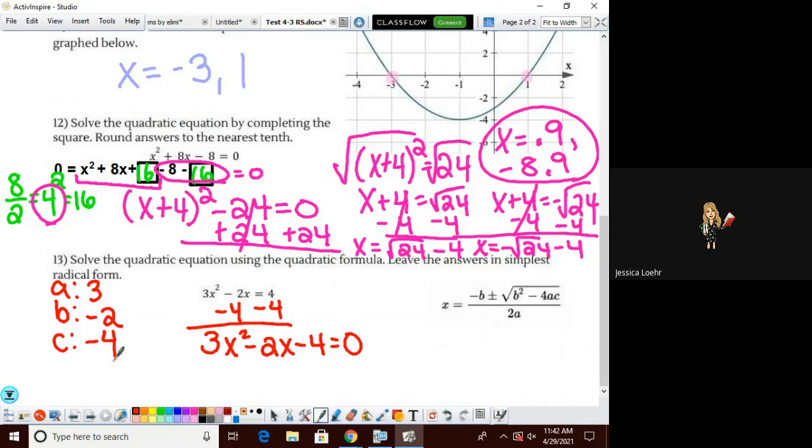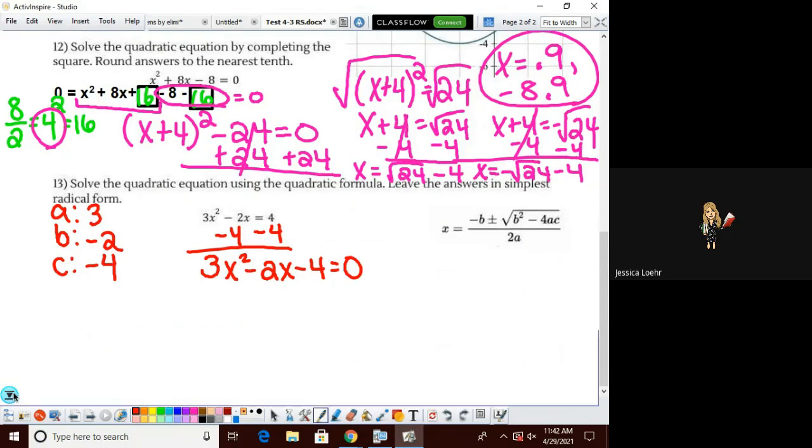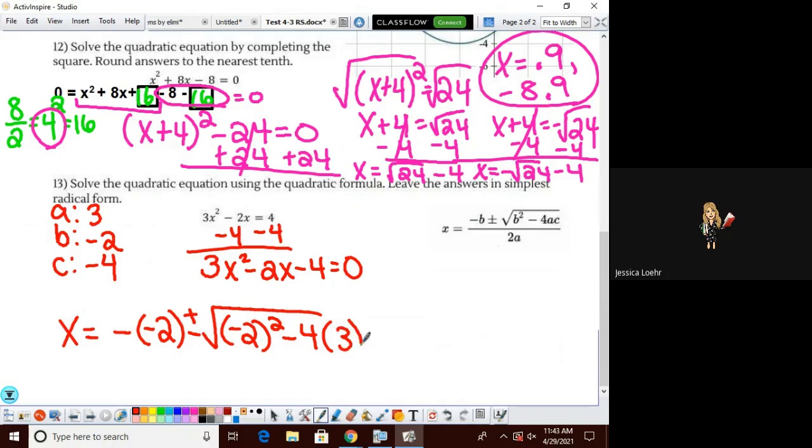Then you're plugging it into the quadratic formula. X equals negative B plus or minus the square root of B squared minus 4AC all over 2A.